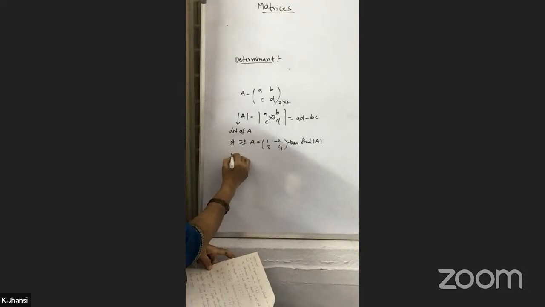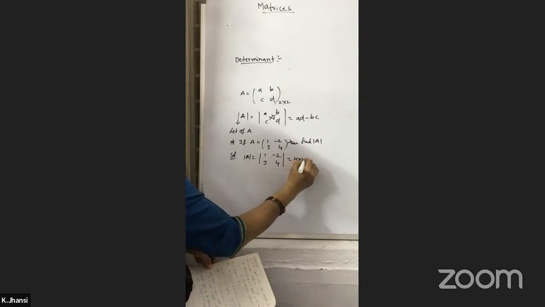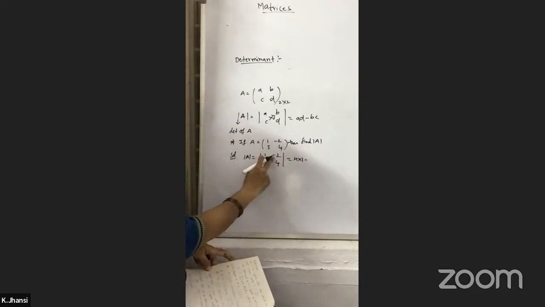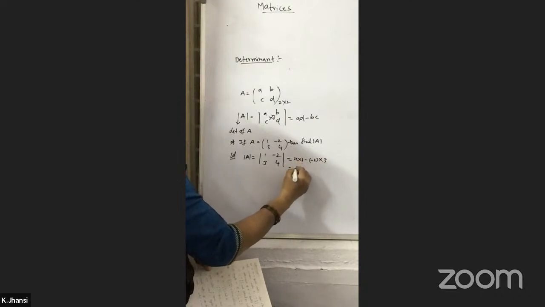Then find the determinant of A. So determinant of A equals determinant of [1, -2; 3, 4]. Multiplication of 4 into 1, minus, here already a minus is there, so minus of minus 2 into 3. 4 minus of minus is plus, 3 2s are 6. That means we got 10 here.